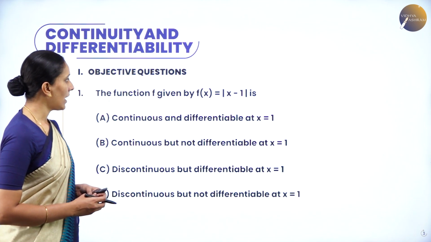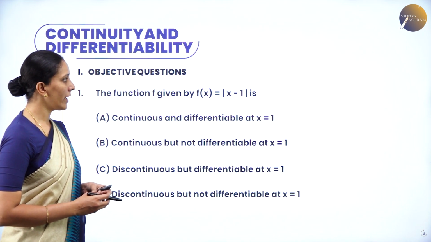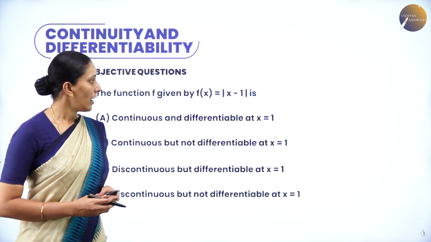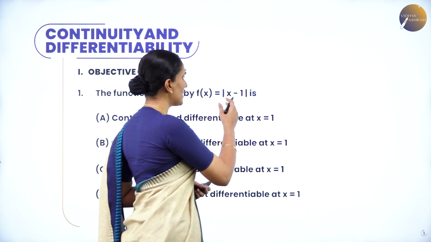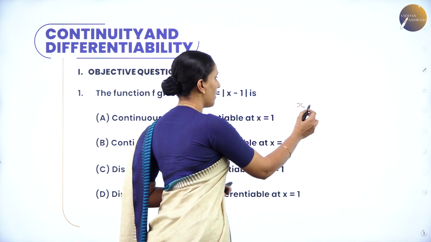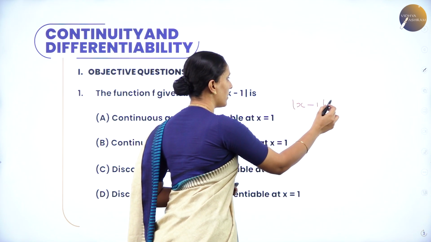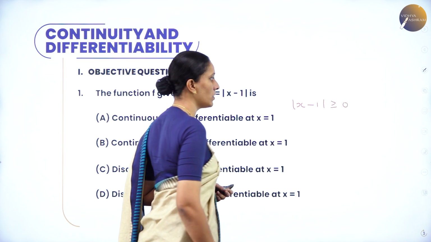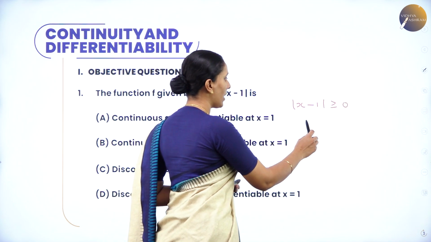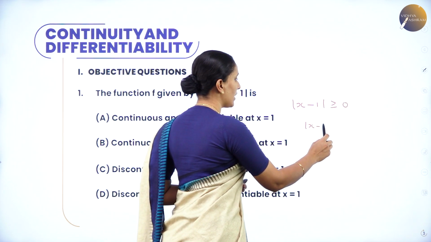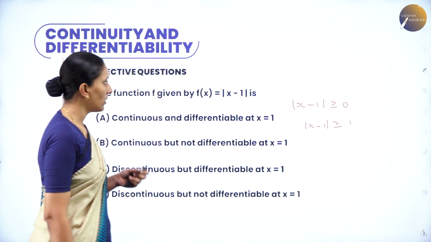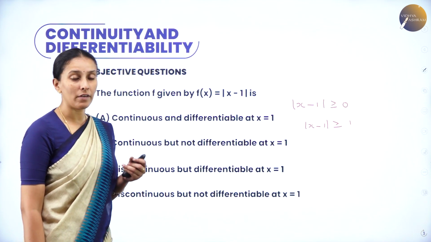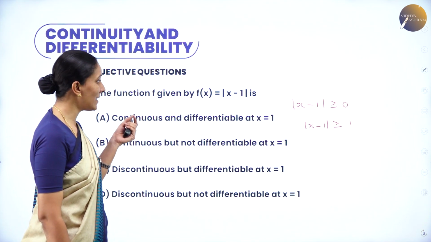So here we can see f of x equal to mod x minus 1 is actually a continuous function. Since mod x minus 1 is greater than or equal to 0, the limit of the function as well as the functional value of the function will be the same here.